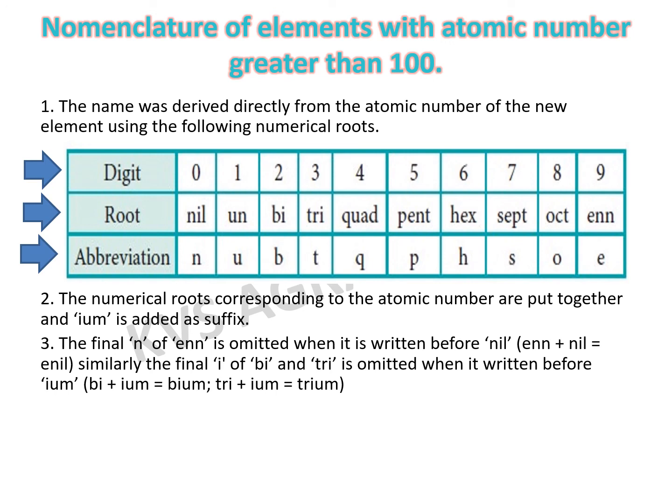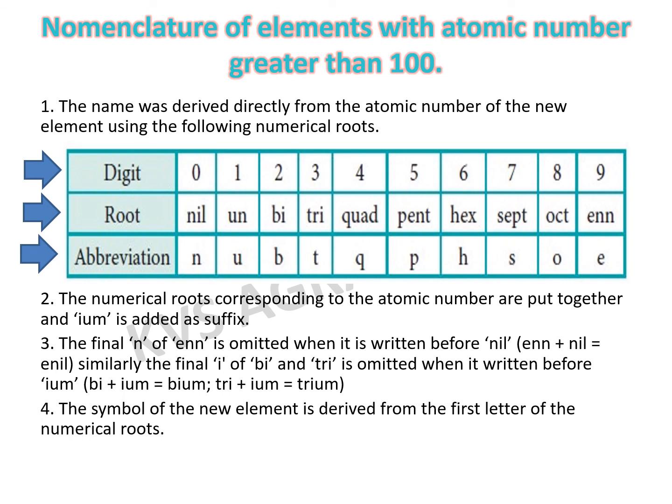That is, bi plus ium becomes bium, and tri plus ium, one i will be dropped, it becomes trium. The symbol of the new element is derived from the first letter of the numerical roots, that is, using N, U, B, T, Q, P, H, S, O or E as per the atomic number given to us.